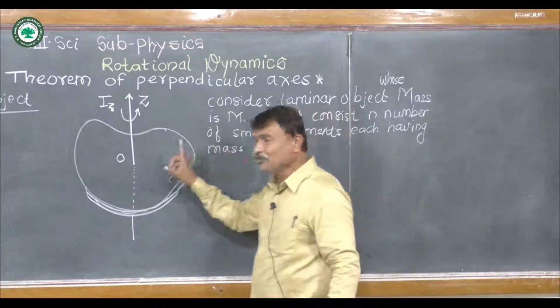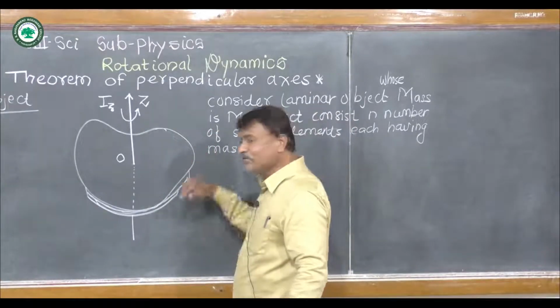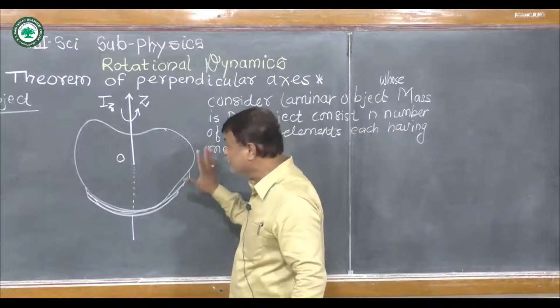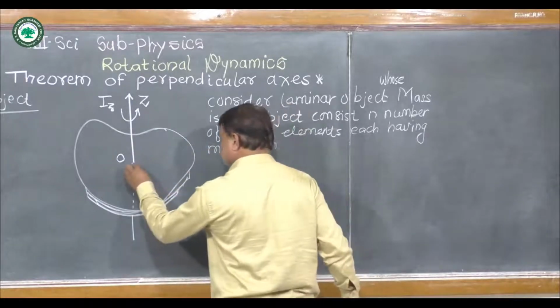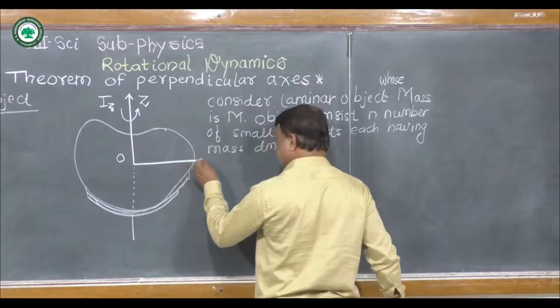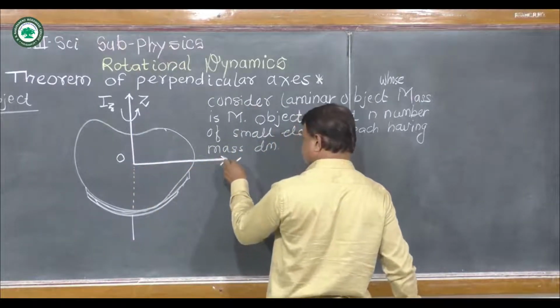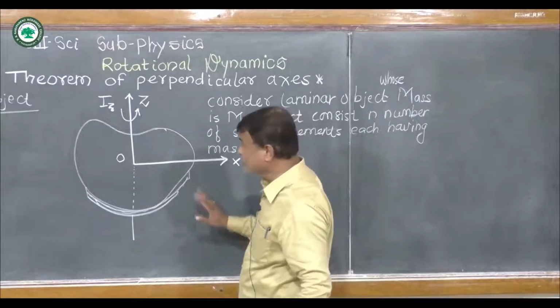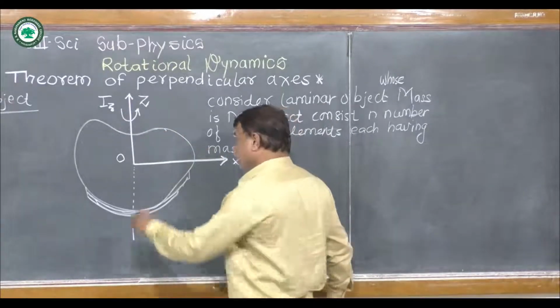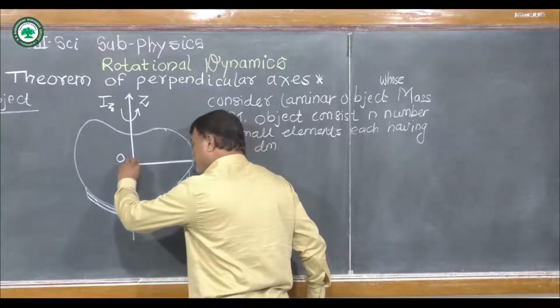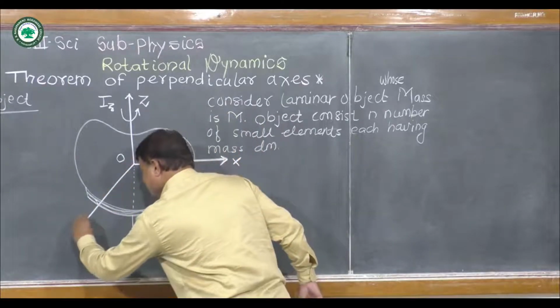Now we consider another two axes which lie along the laminar object. So this is the X axis, which is along the plane of the laminar body, and a mutually perpendicular axis, say Y axis.